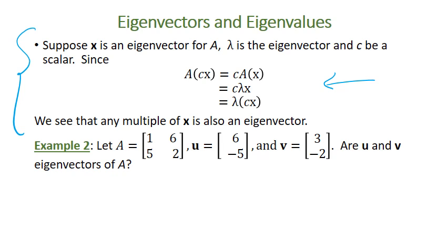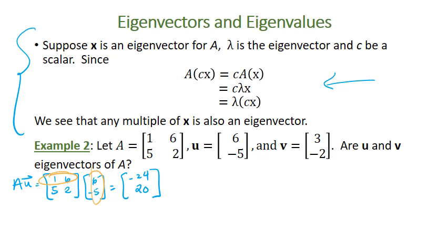So the first thing we'll do is check U. So we're going to take A times U, just like we did previously. And when we multiply this, we end up with negative 24 and 20. Okay, well, it looks to me like these have a number in common. In fact, they have a 4 or even a negative 4 in common.